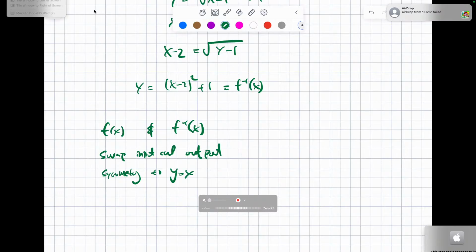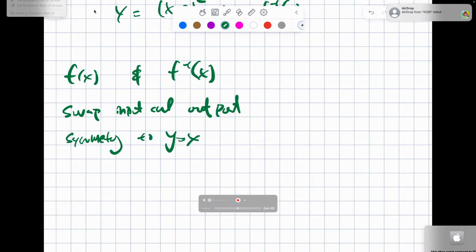Okay, so anything else? How do we prove that two functions are inverse to each other in pre-calc? You're not wrong, keep going. Plug in and get x. Yes. So f of f inverse of x is equal to x.